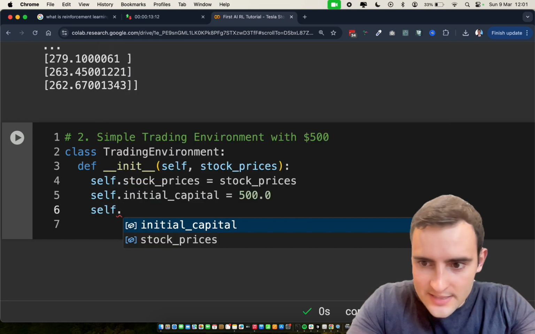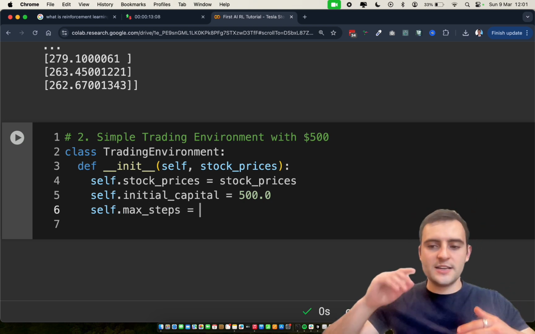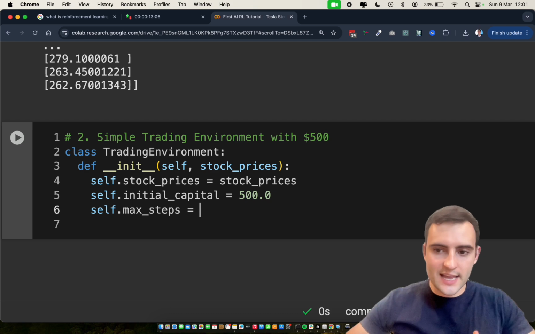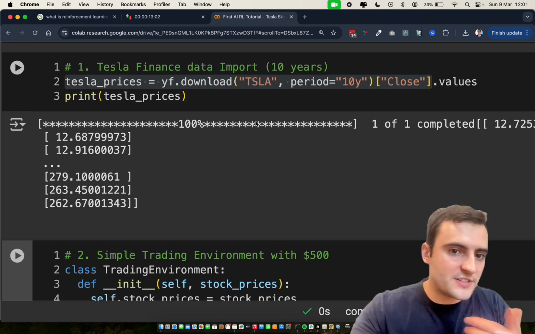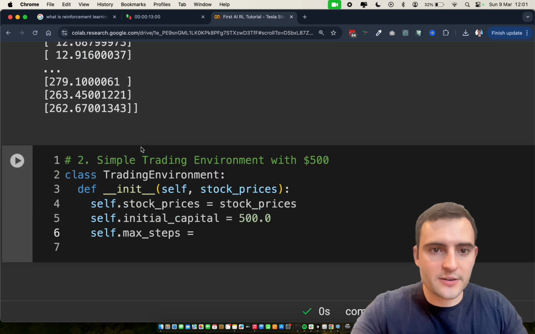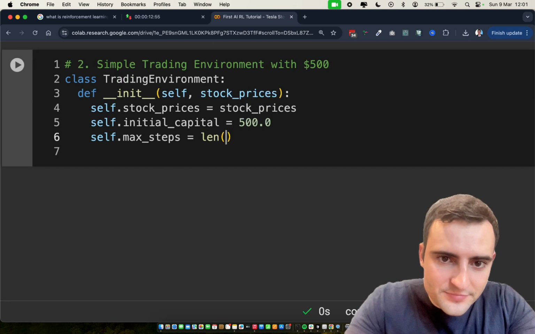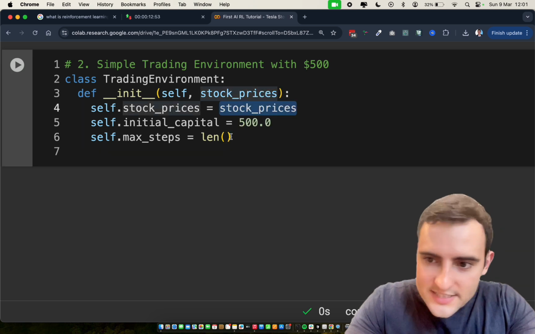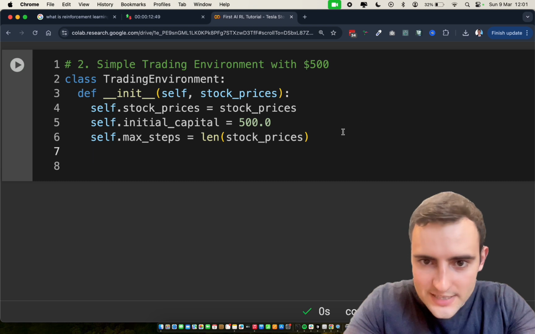We have to define the max steps. So think of this as if we do stock prediction day by day, how many steps can we do? Well, we're limited by the amount of days of stock data we have here. So we're going to say the maximum is equal to the length of the stock price data, right? We can only try to estimate as much as the stock price data.